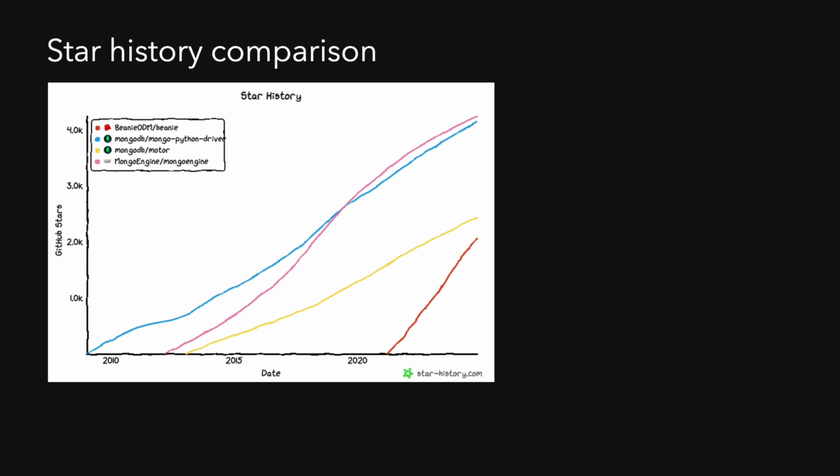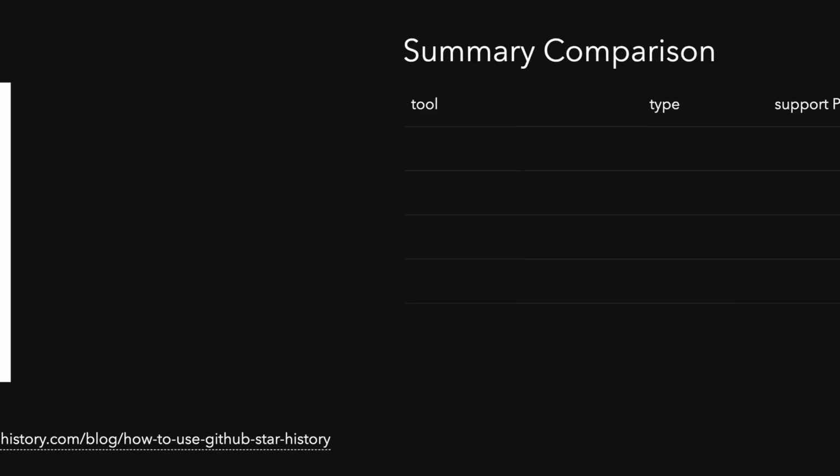As you can see, MongoEngine and PyMongo are on top, but look closely at Beanie. It has a promising trend, and to me it looks similar to FastAPI a couple of years ago. If you want to generate a chart like that, go to starthistory.com. It's easy to do, and it looks amazing.